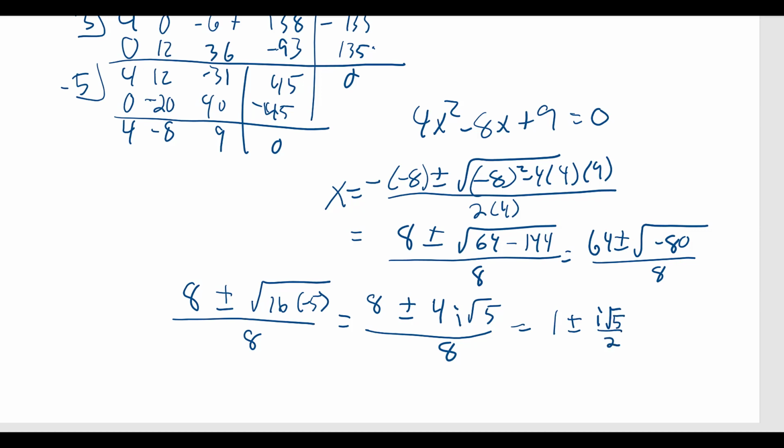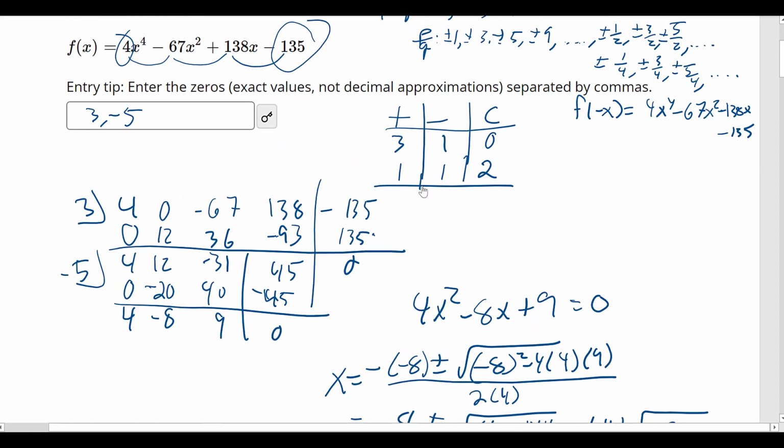Or you could do 2 plus or minus i root 5 all over 2. So that gives you your other 2 zeros. So they are obviously complex. So I would say 2 plus i root 5 over 2 and 2 minus i root 5 over 2.